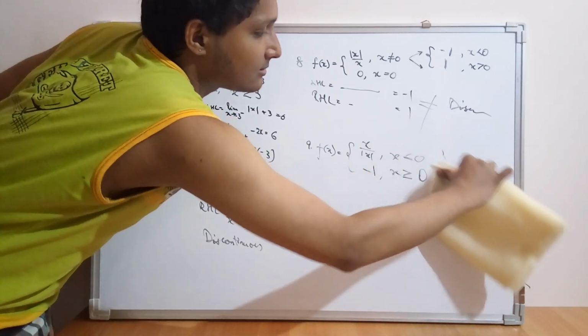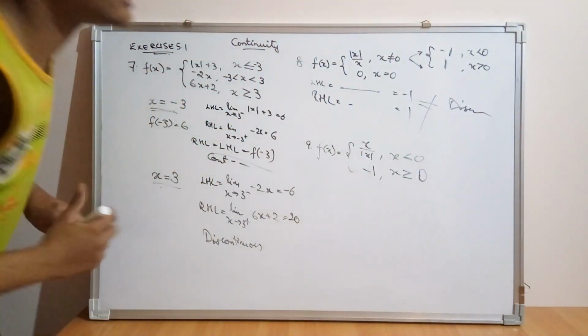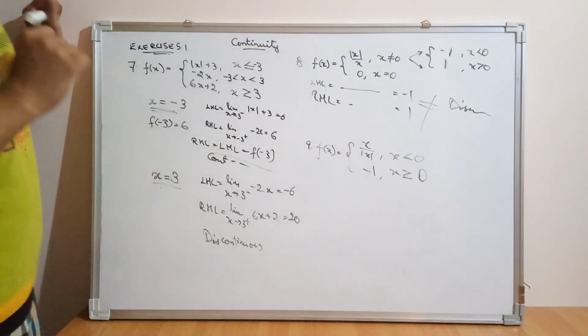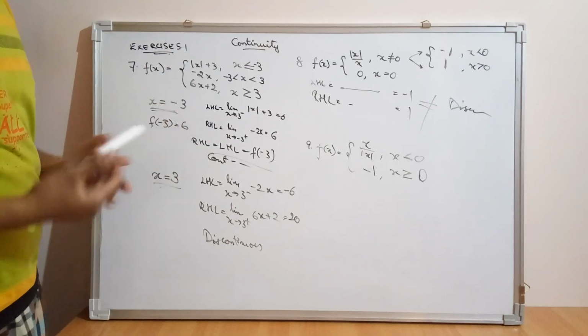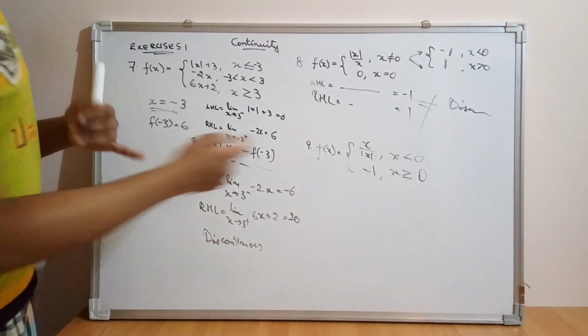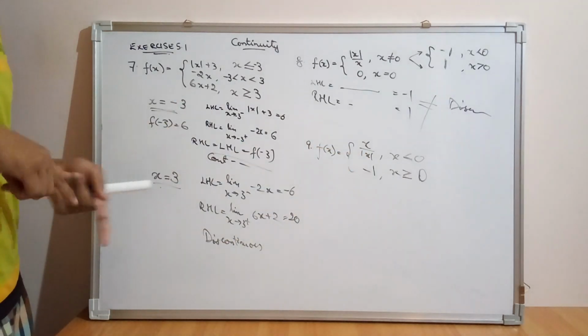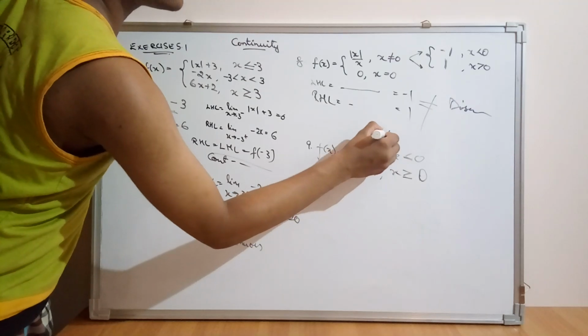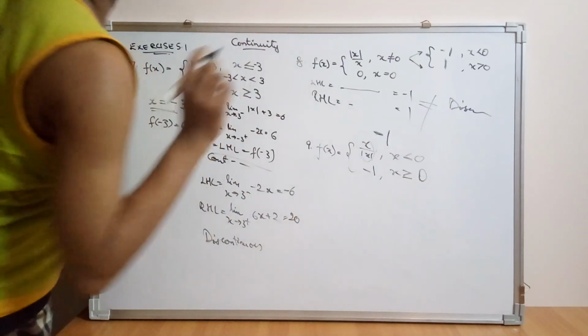I can just explain this right here. So x divided by modulus value of x. The modulus value of x always depends upon the sign of x. Since x is less than 0, it is negative. That means the modulus value of x is equal to minus x. Therefore, this whole expression is going to turn to minus 1 only.